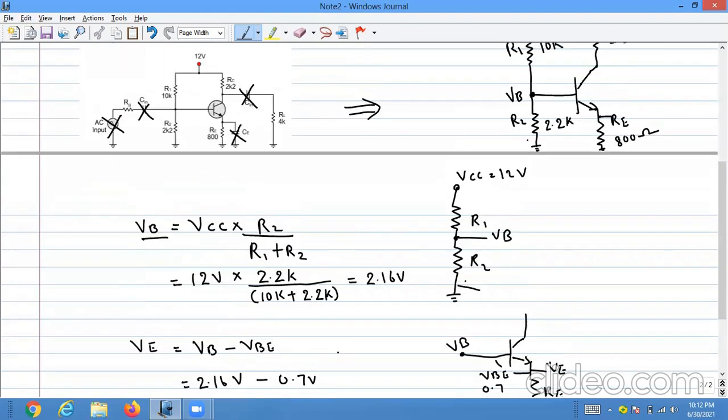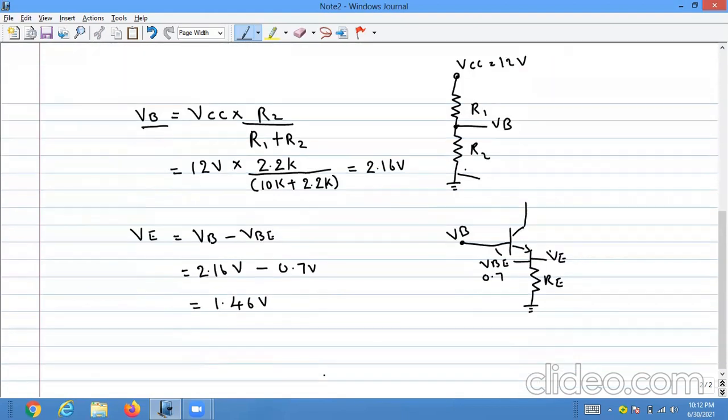Next we need to find VC, that is your collector voltage.